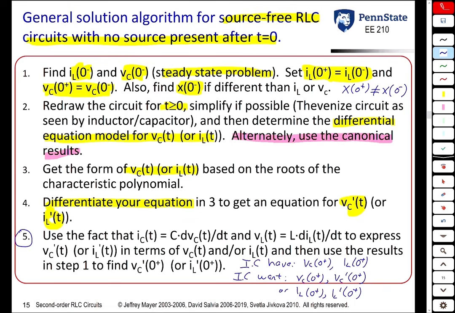So what step 5 does then is it takes the initial conditions you have, and you manipulate them to get the initial conditions you want. And this is best illustrated with examples, so we'll do this in the coming pages.